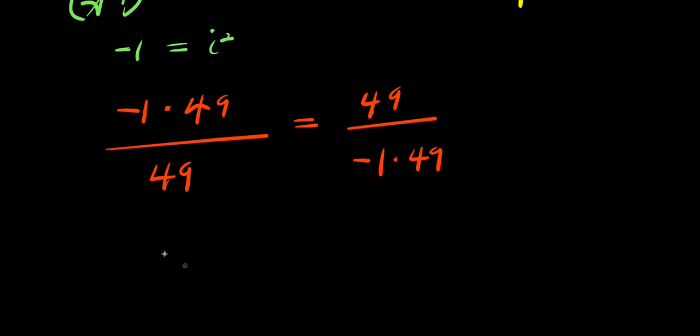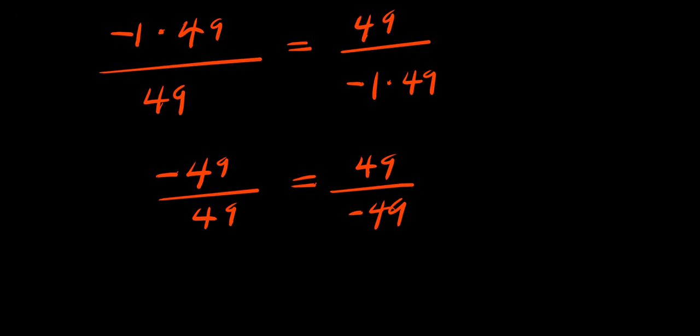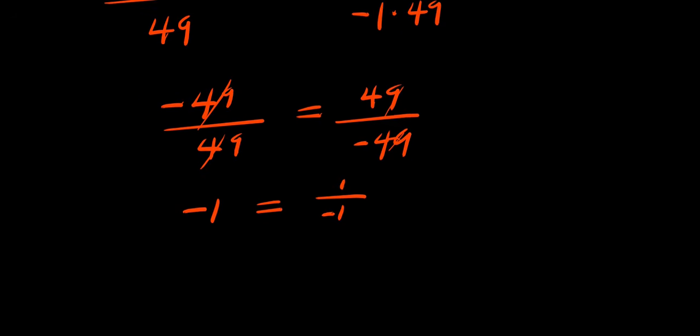So from here, this is negative 49 divided by 49 equals 49 divided by negative 49. So this cancels this, we have negative 1 equals 1 divided by negative 1, which is negative 1. Both sides are the same again.